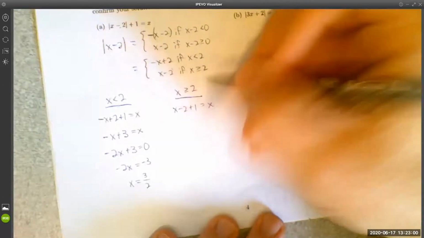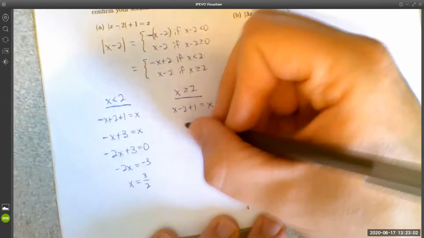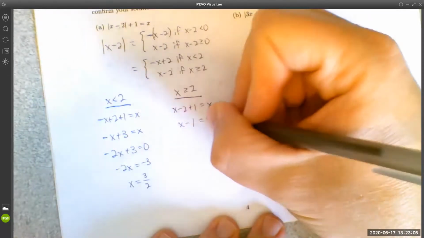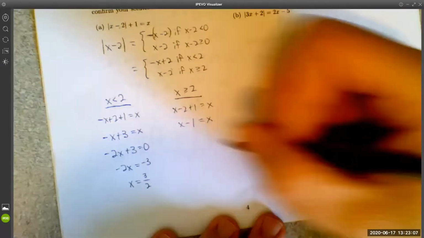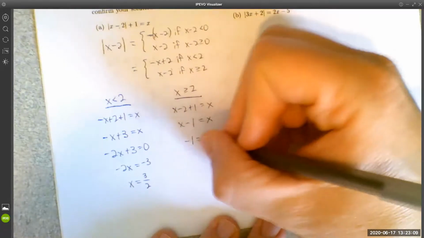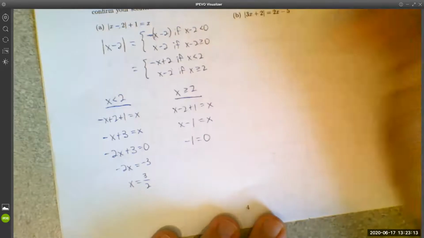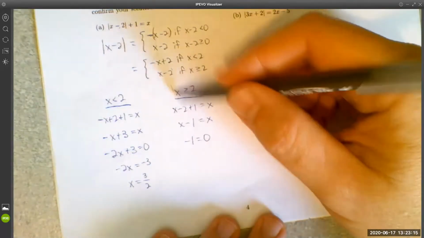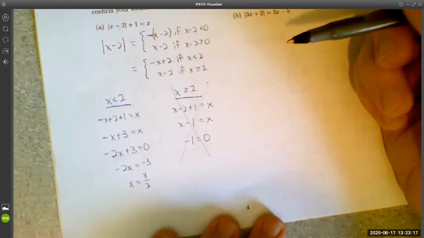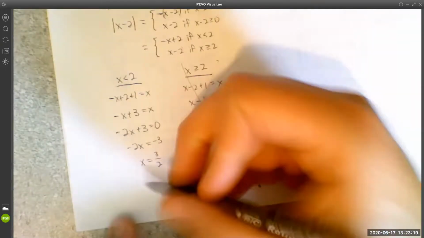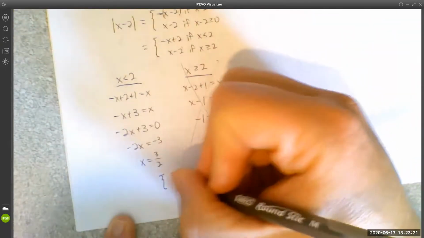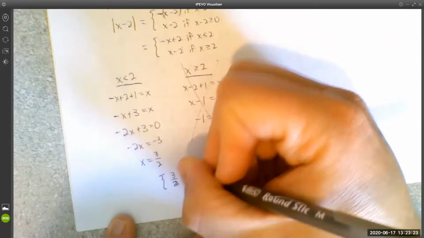If I look at this case, then I'm going to have x minus 1 equals x. If I subtract x from both sides, I get negative 1 equals 0, which is a contradiction. So this case doesn't give me any solutions, but this case does. So I just have one solution, and it's 3/2, right?